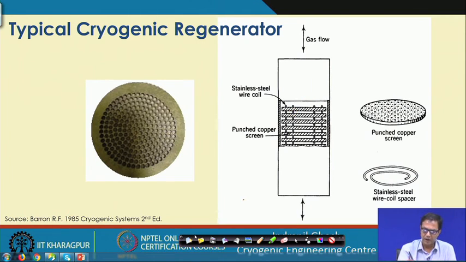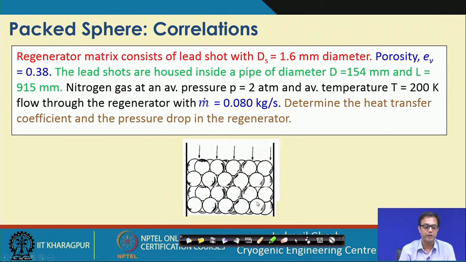With this knowledge, we will now move to a small problem, where we will try to calculate the heat transfer coefficient and the pressure drop in a regenerator packed with lead shot.